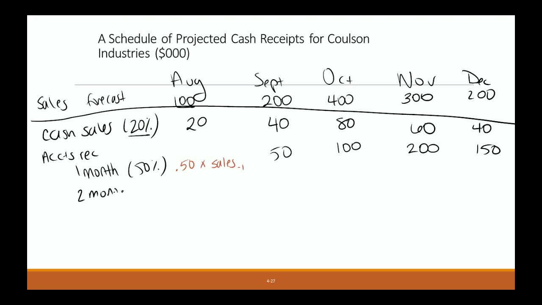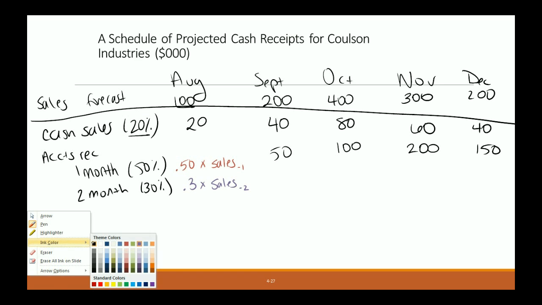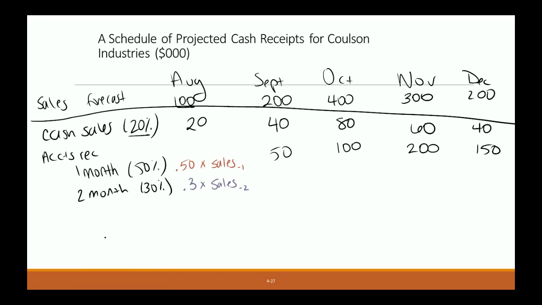And the remaining 30% of sales are collected 2 months after sale. So what I'm going to do here is take 30% times the sales from 2 time periods prior. So I cannot calculate accounts receivable for the second month for September, because I don't know July's sales.